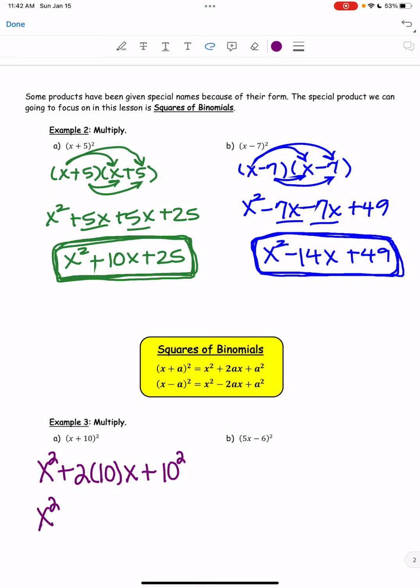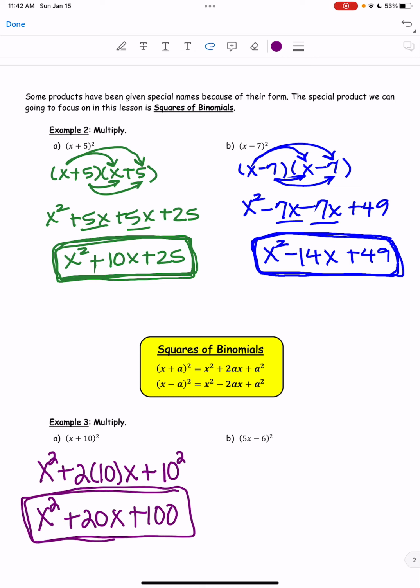So you got x squared plus 20x plus 100. Which should make sense because you're doing, your first would be x times x, then your inner and your outer would be x times 10, and then 10 times x to get you to that 20x, and then you would do your last, which would be 10 times 10.